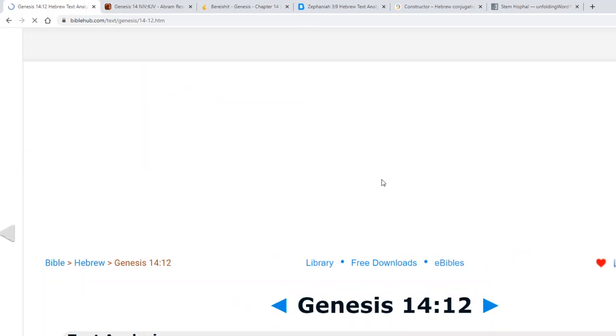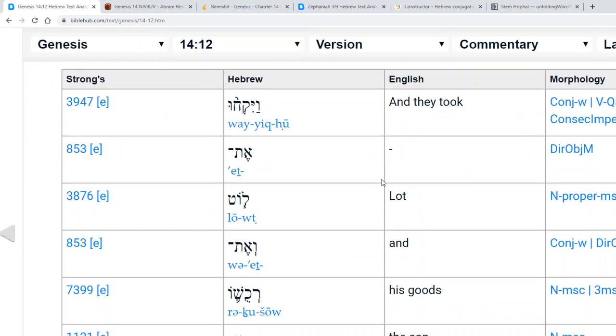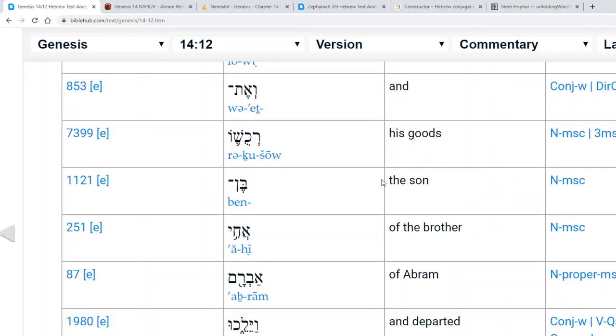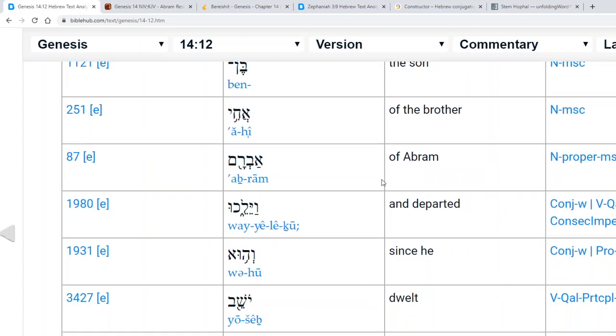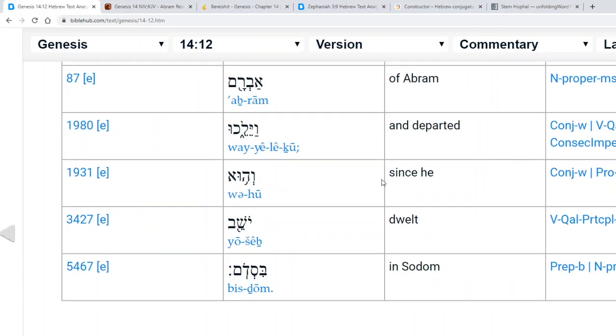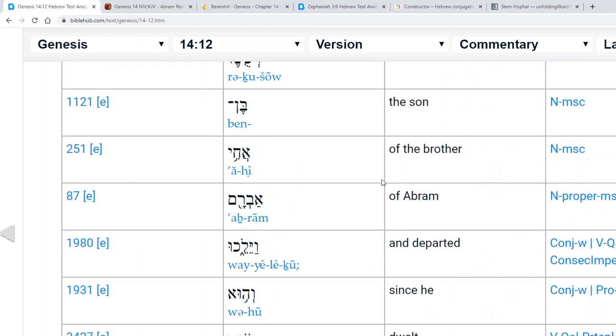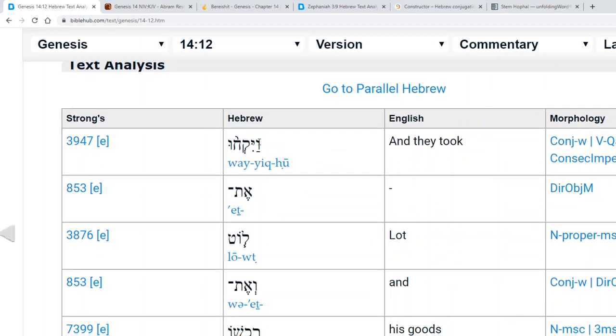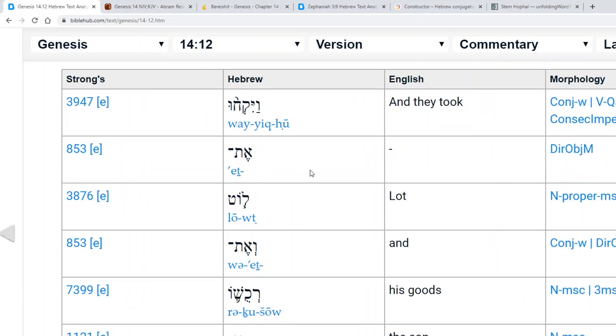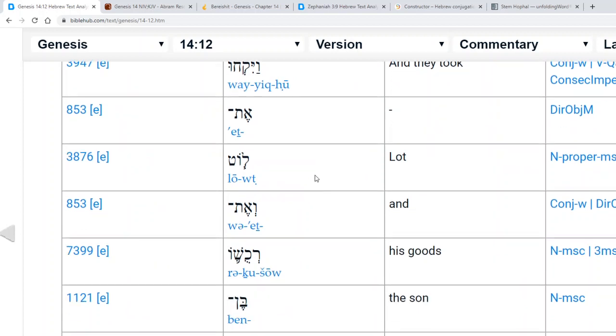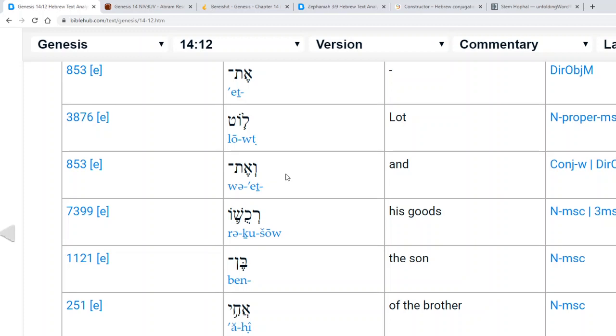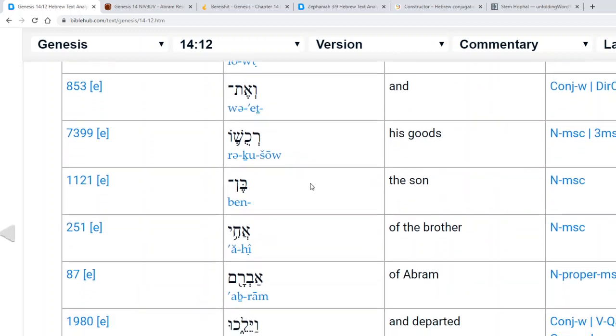Verse 12. Vayikhu et Lot ve'et rechusho ben achi Avram v'yalchu v'hu yoshev bistom. Okay, so conjunctive vav. The yud is putting it in the imperfect. It's getting flipped, right? Again, just like we said that they took, right? Et is the direct object marker. Lot is his name. Ve'et, so conjunctive vav again, and direct object marker.